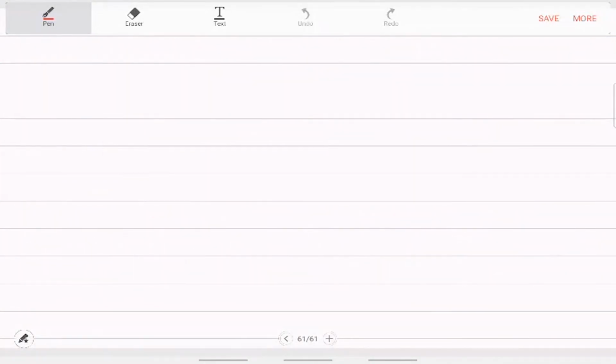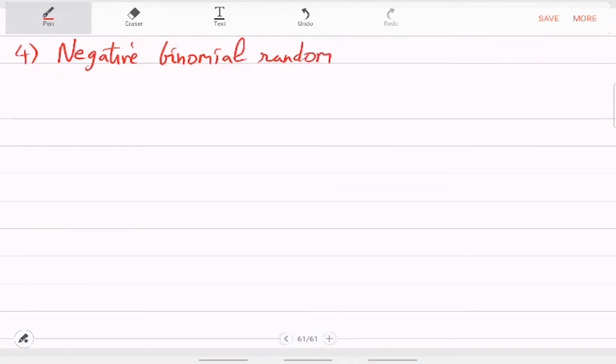Okay, and finally we have the negative binomial random variable. What is this?